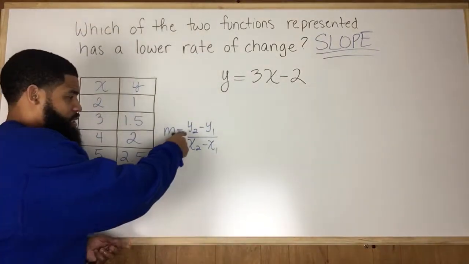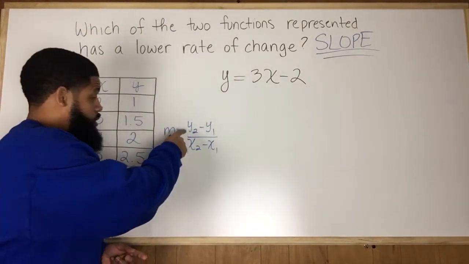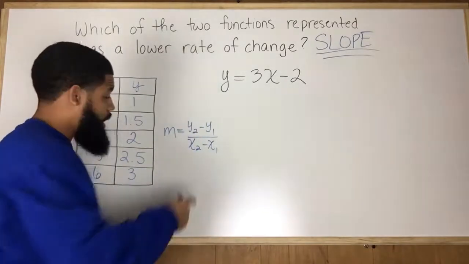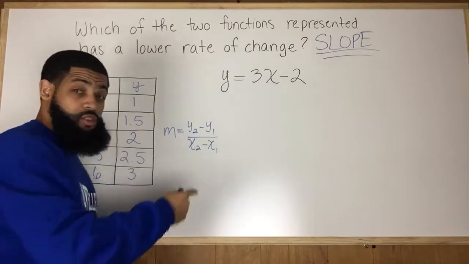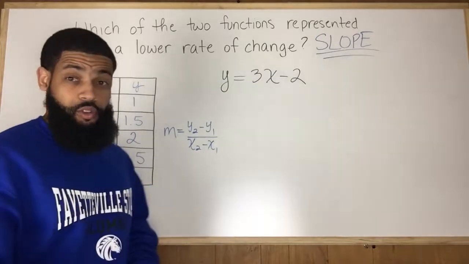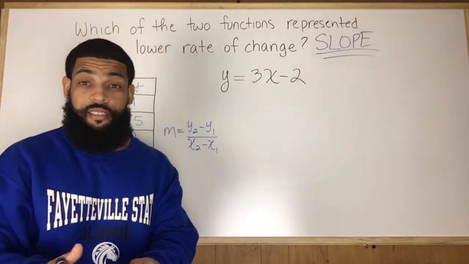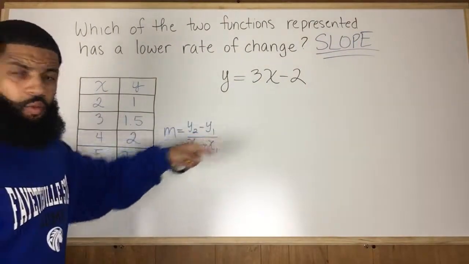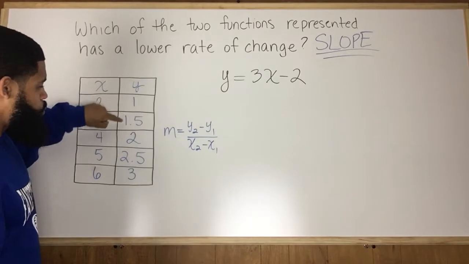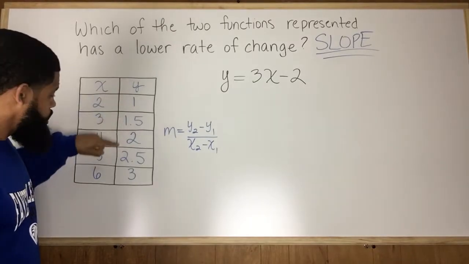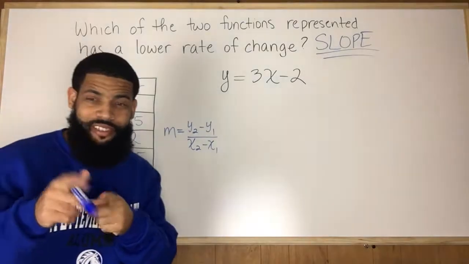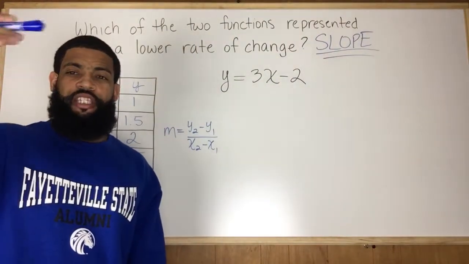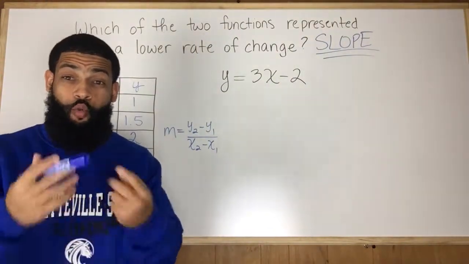So this is the second y coordinate minus the first y coordinate, which gives you the change in y, over the second x coordinate minus the first x coordinate, which gives you the change in x. That's going to give us our slope. Looking at the y coordinates: 1, 1.5, 2, 2.5, 3. They're changing in increments of 0.5, or 1/2.